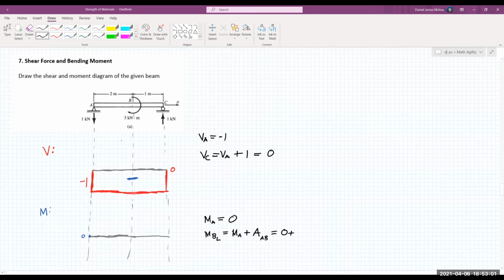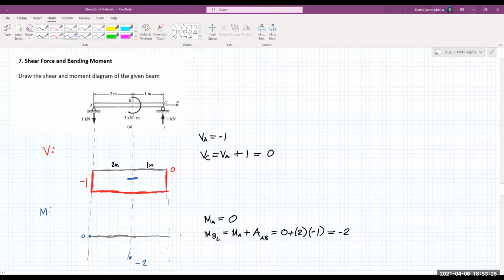This is 2 meters, this is 1 meter. So we have the 2 meter length times the height, which is the shear force, negative 1. So the moment at the left of B is negative 2. It's somewhere here, negative 2.